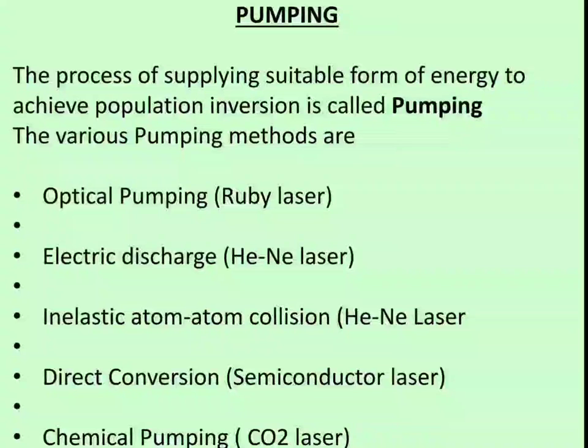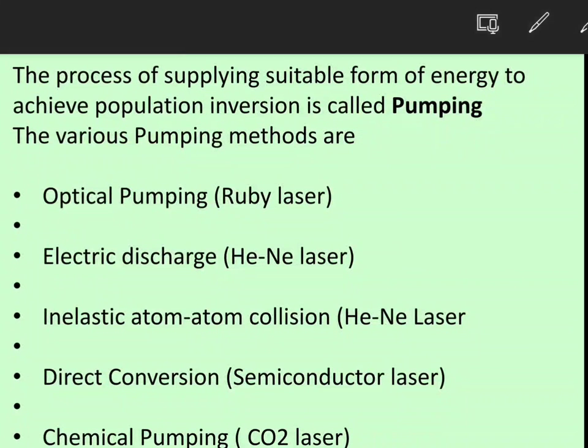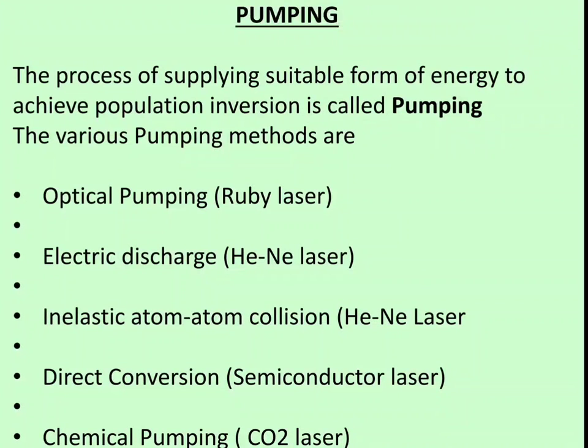In the previous session, we discussed what population inversion is. It is the necessary condition for obtaining lasing action, that means for the production of lasers. Generally, the population in energy states is N1 greater than N2. That is, the number of atoms in the lower energy level is more compared with the higher energy level.